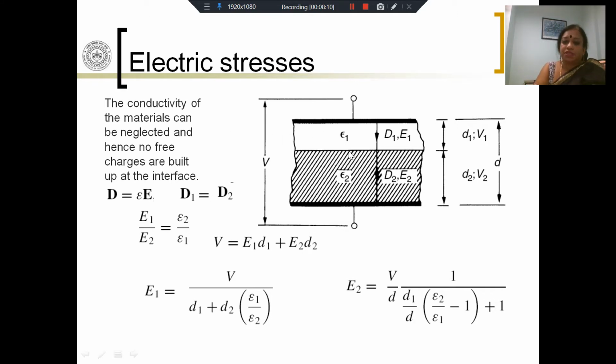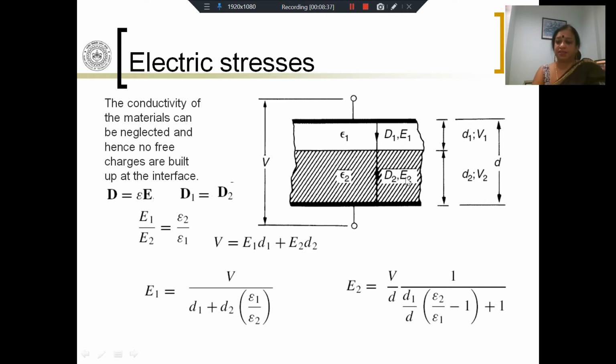So what happens is I have a voltage V applied across the material. So across material epsilon 1, I have voltage V1, and across material epsilon 2 of thickness D2, I have voltage drop V2. Of course, V1 plus V2 must be equal to V. Let us imagine that the electric flux in epsilon 1 is D1 and electric field is E1, D2, E2.